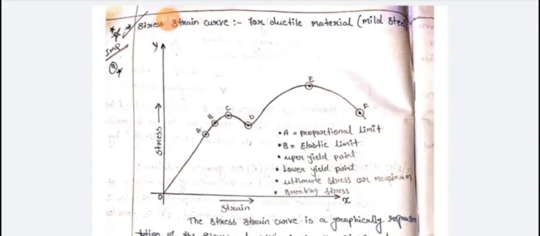As the load increases, the mild steel specimen starts yielding. It starts from different limits. We will discuss them one by one, so that I can then explain how this is implemented in engineering material selection.